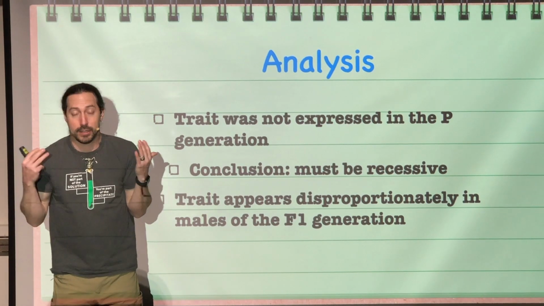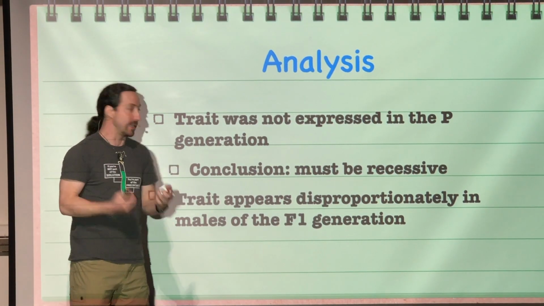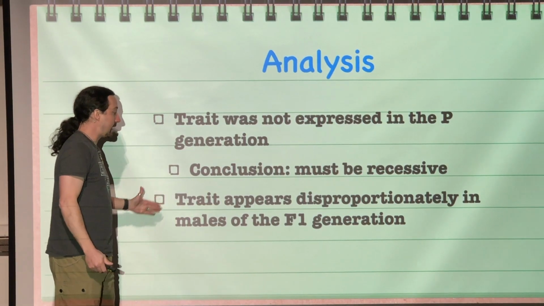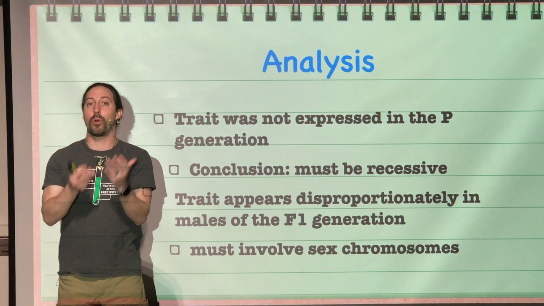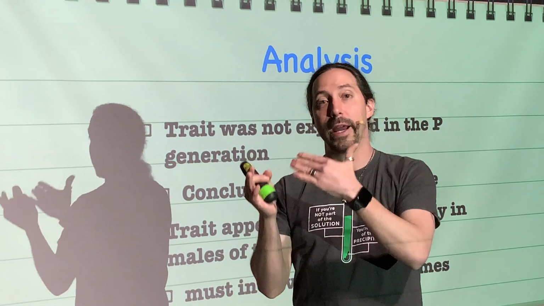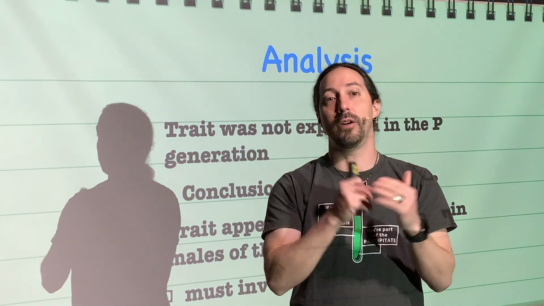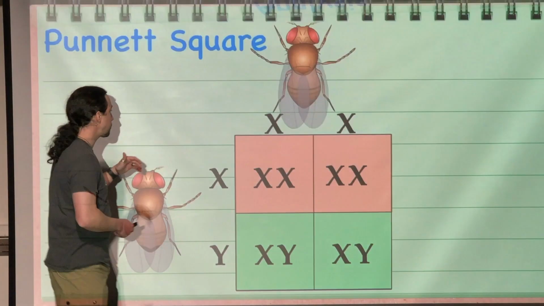There was a very big difference between the two sexes, and so that leads us to believe that it must have involved sex chromosomes, either the X or the Y. The gene for eye color, being red or white, must be on one of those 2 sex chromosomes.